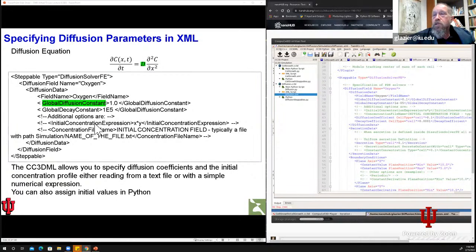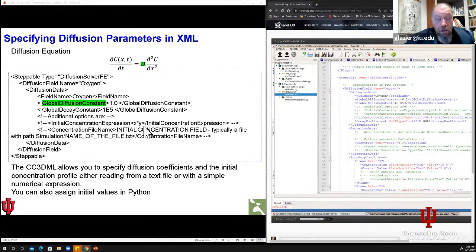There are going to be some additional options. Initial concentration. I think Connor and Drew were talking about using things like the initial concentration. You can write simple algebraic and functional forms of x, y, and z, the positions.